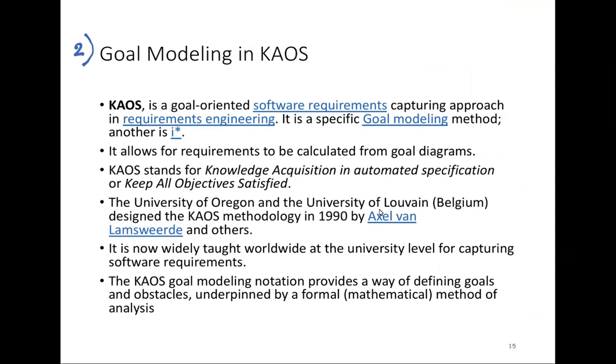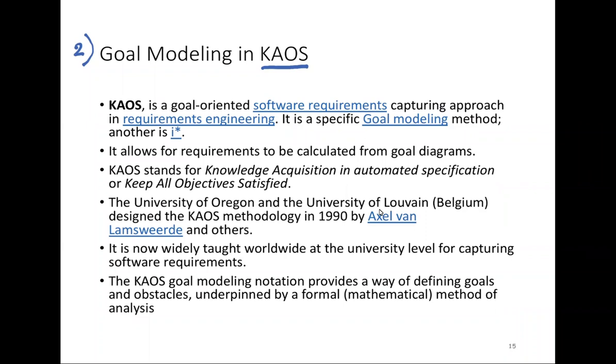That's called KAOS. It is a goal-oriented software requirement notation or language, which is used to capture requirements engineering in terms of a visualization or presentation. It is a specific goal modeling method.